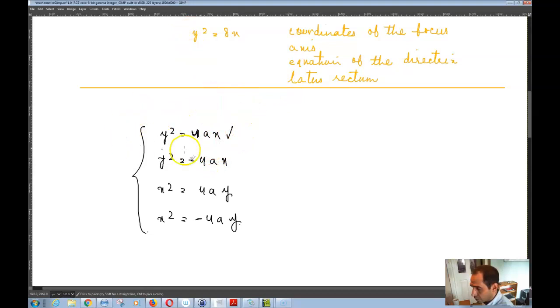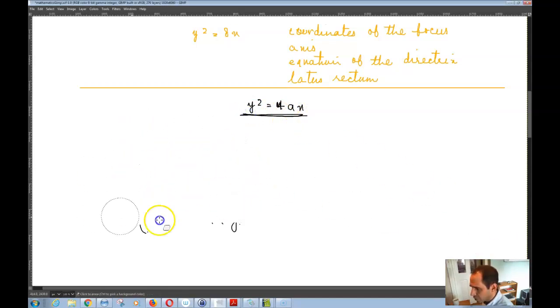So I can use this equation as the standard form and general way of describing this parabola. So y squared is equal to 4ax is going to be the standard equation of this parabola. And again, since a is always a positive value in all of these parabolas, and y squared has to be a positive value, then x can only be a positive value, it cannot be negative.